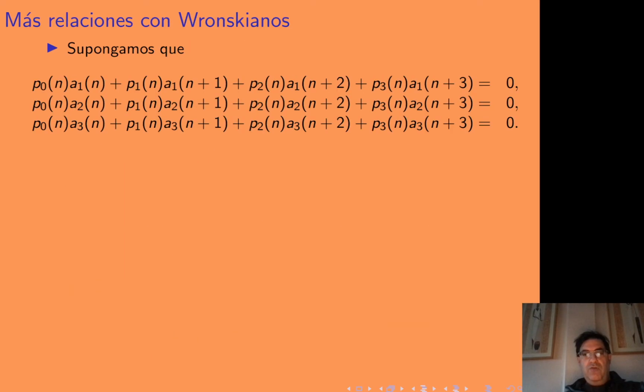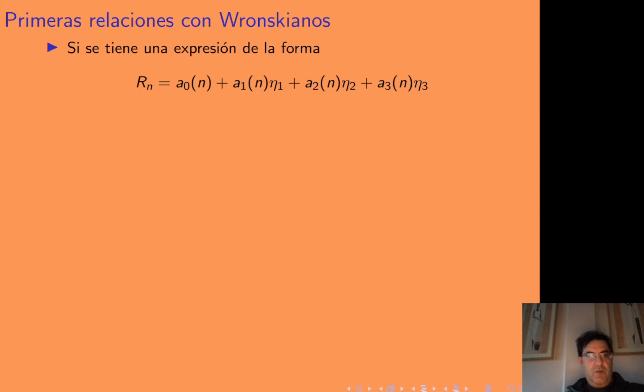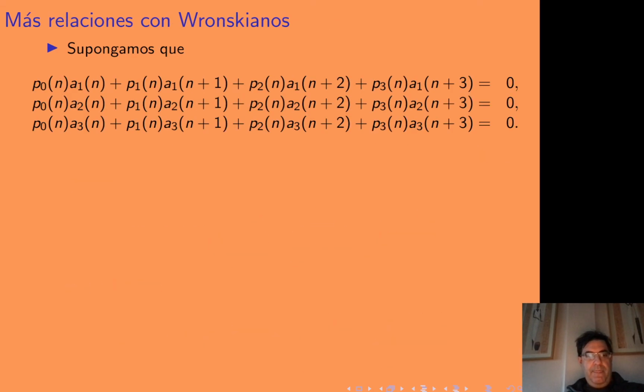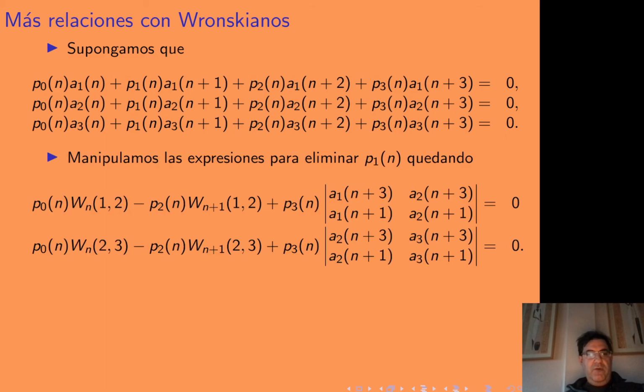How do I do it? So I know that A1, A2, A3, even A0 fulfill the same Zeilberger difference equation. So what I'm going to do is cancel P1.